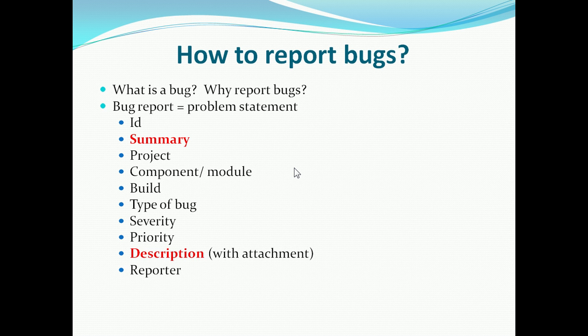So your summary should correctly explain what the problem is, so that quick action can be taken on it. If the summary is not in line with the actual bug, then it is possible that action will be delayed on your reported bug. So have a correct short summary.